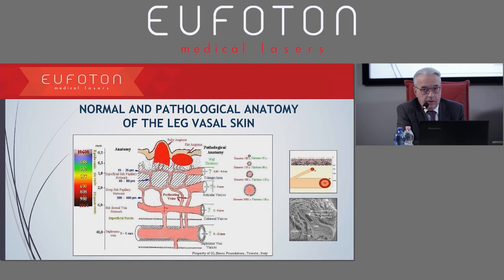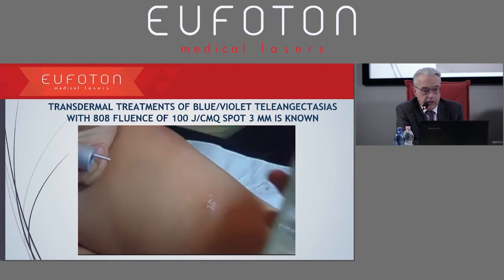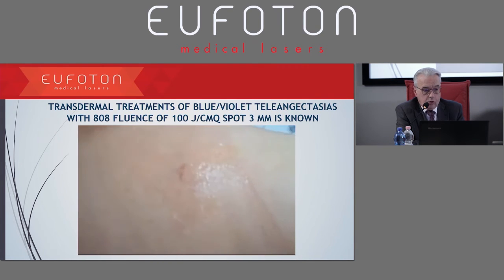And you should also remember that 532 reads the melanin on the surface of the skin very well. So this is the capacity of penetration. So these are all parameters that we have to keep into account.